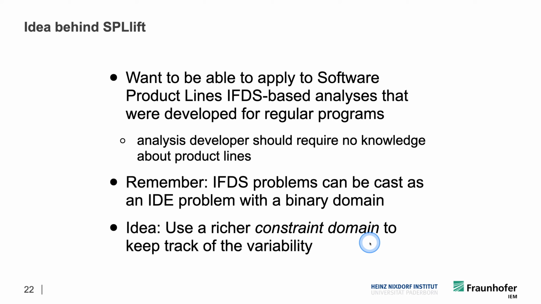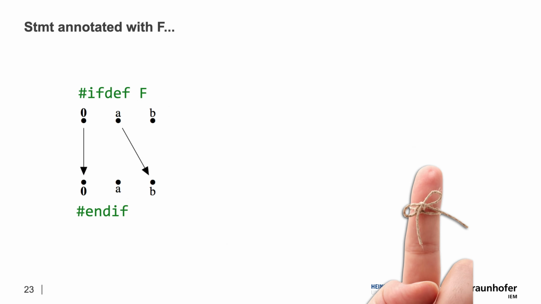It tracks the different Boolean constraints that represent these configurations to keep track of the variability. On the next few slides, using concrete examples, I will show you how this works. So if you only remember a single slide in this lecture, it should please be this one.